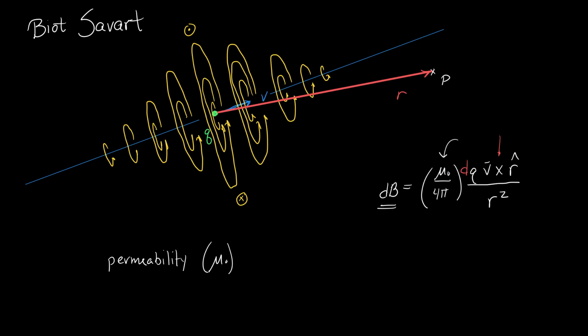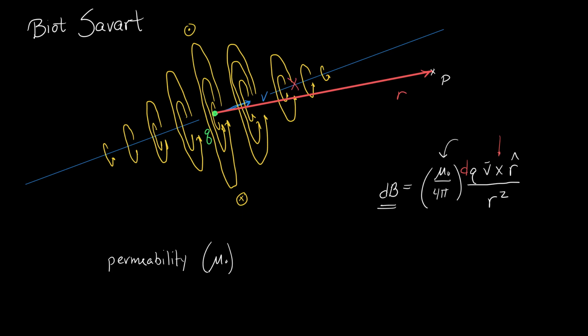The problem is that it's even more complicated than I'm describing. Because right now we just have a single point charge passing through space, and we could only figure out the magnetic field instantaneously at this moment. Because the charge is moving through space, in a few moments it's going to be over here.